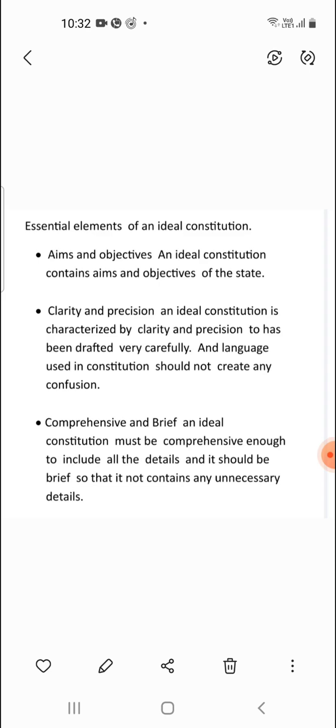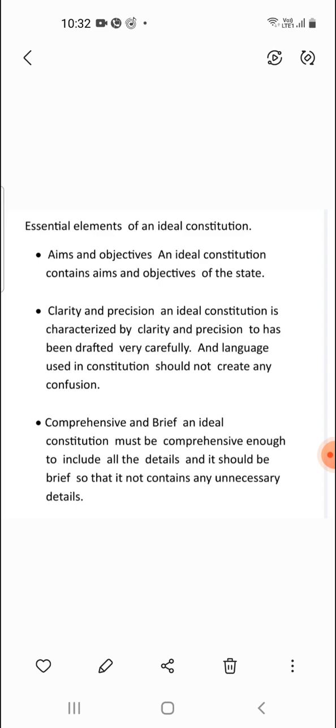After the Round Table Conference of 1932, finally India got independence in 1947. Soon after independence, the Constituent Assembly was established in order to create equality among the people.